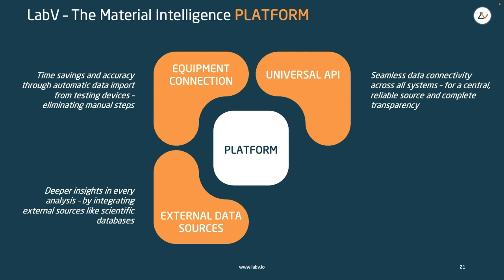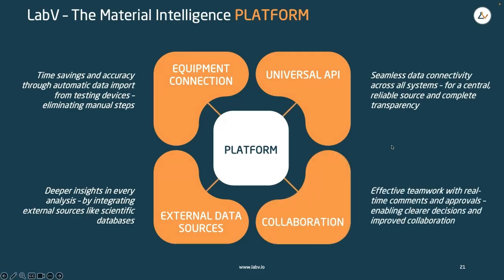So you could also, for example, use an API to a scientific database like the chemicals database, the CAS one. So a CAS database has an API. If you pay for it, we can connect to it, and then you have access in LabV to this scientific open source database. And we are enabling, as an internal platform, the collaboration and the cooperation between departments and people.